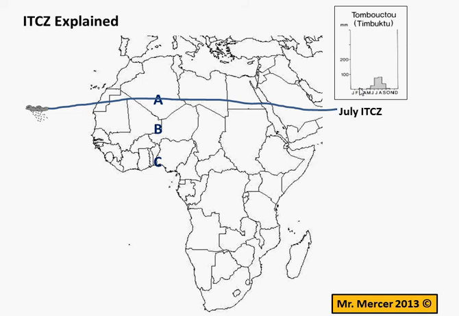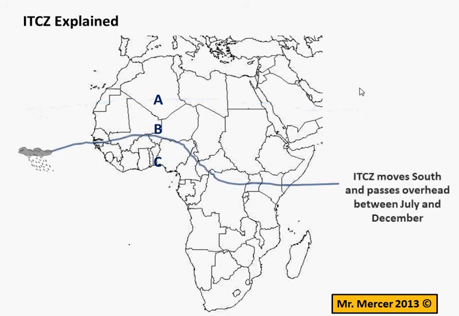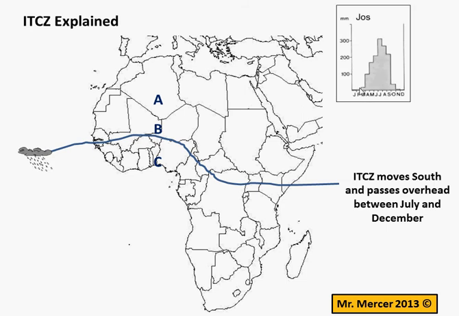Now, what many candidates then miss is that the ITCZ returns south. As it does so, let's go back to looking at Jos, but I'd like you to keep Timbuktu in mind. As it does so, the tropical maritime air mass starts to absorb some moisture from the Gulf of Guinea again. And so a slight increase in rainfall can be recorded.